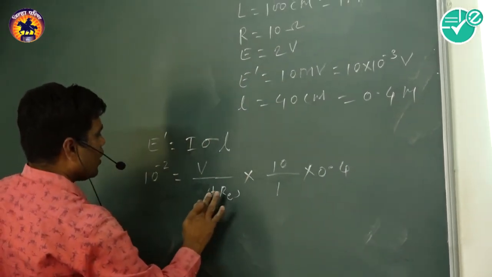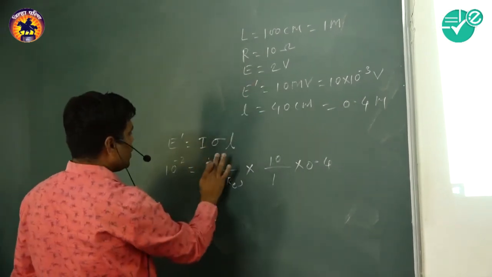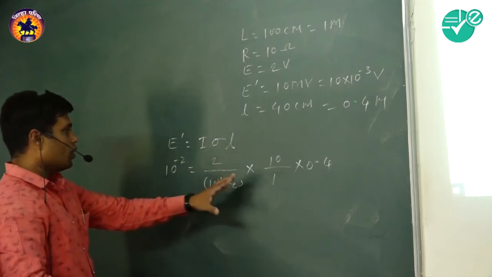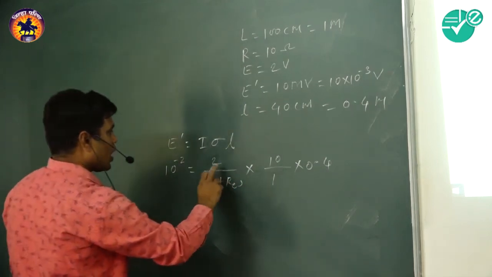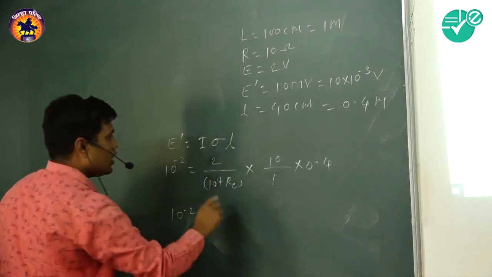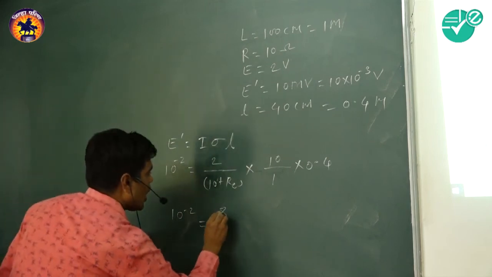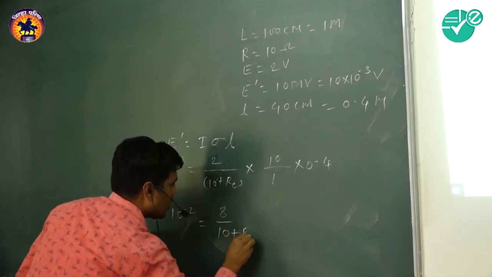From that data, the EMF of the given cell is 2 volt. So if you solve this, 10 to the power minus 2 is equal to 2 into 10 into 0.4, which means 8, divided by 10 plus Re.